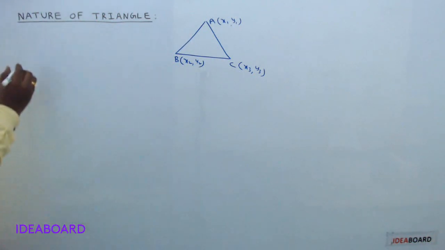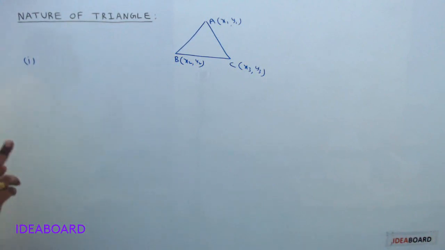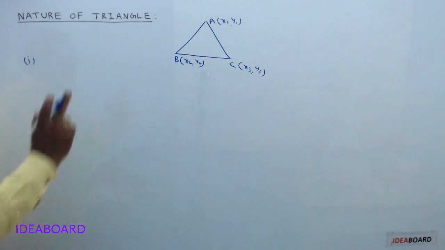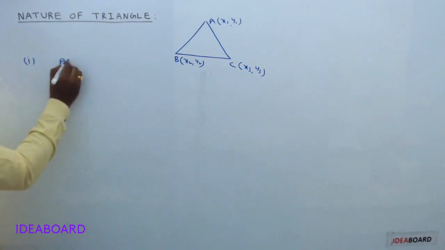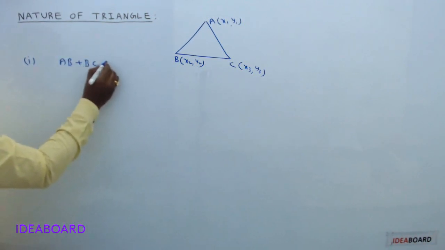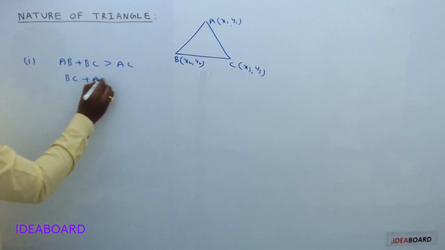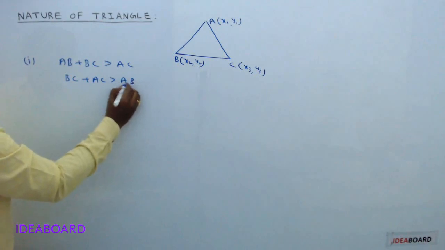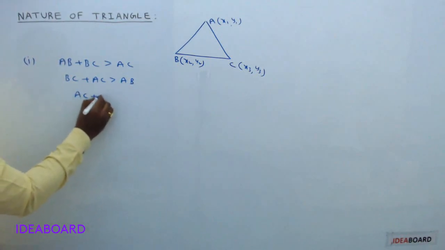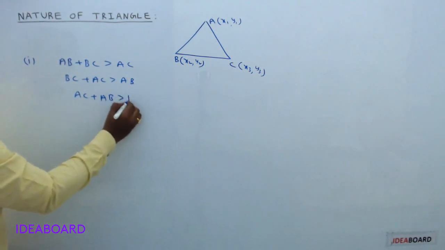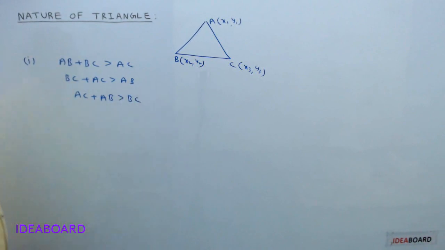Now the first basic property is in any triangle, the sum of any two sides is always greater than the third side. It means AB plus BC greater than AC, BC plus AC greater than AB, AC plus AB greater than BC.